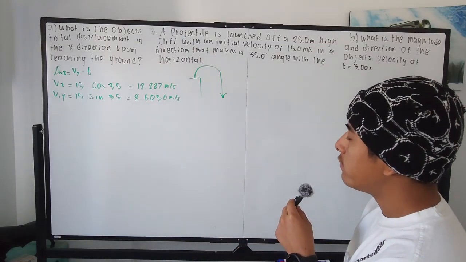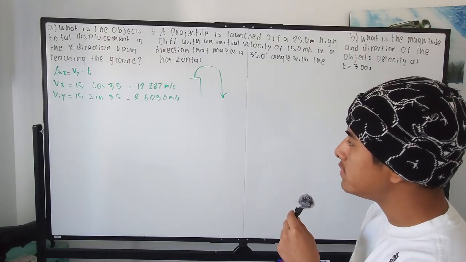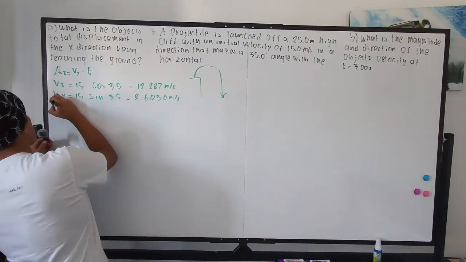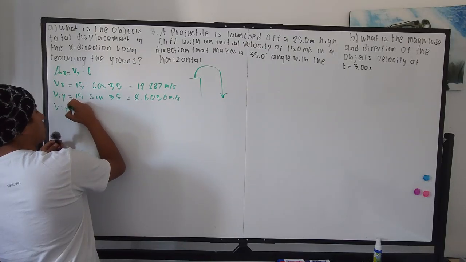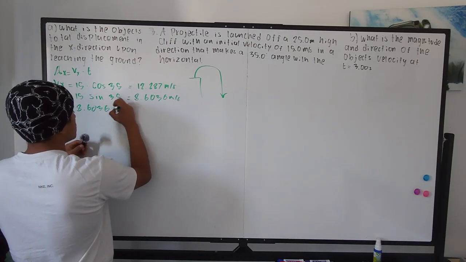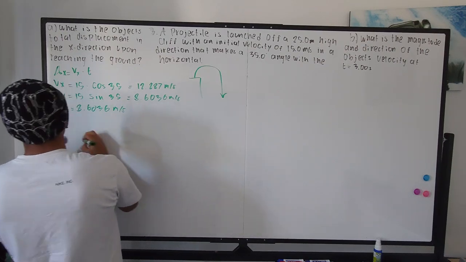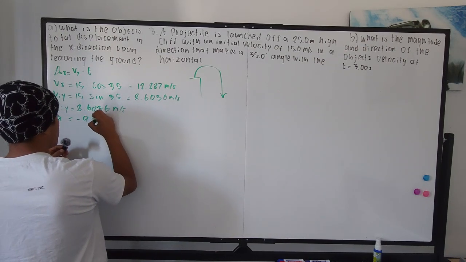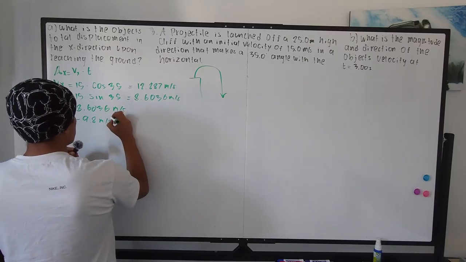So if we're going to solve for time using our y values, then we have velocity initial in the y, which is equal to 8.6036 meters per second. Our acceleration is equal to g, which is negative 9.8 meters per second squared.